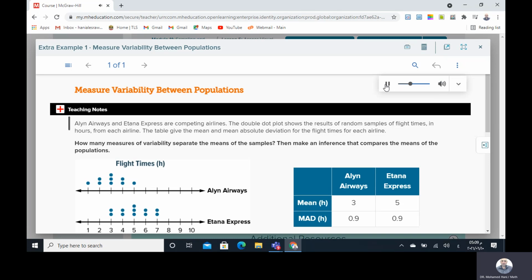All-in Airways and Etana Express are competing airlines. The double dot plot shows the results of random samples of flight times, in hours, from each airline. The table gives the mean and mean absolute deviation for the flight times for each airline. How many measures of variability separate the means of the samples? Then make an inference that compares the means of the populations.